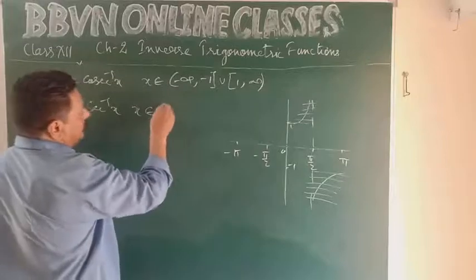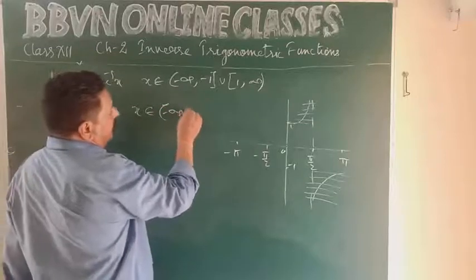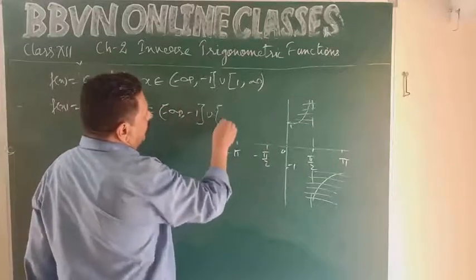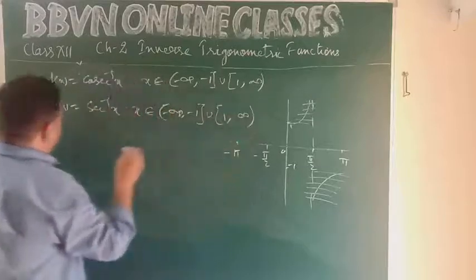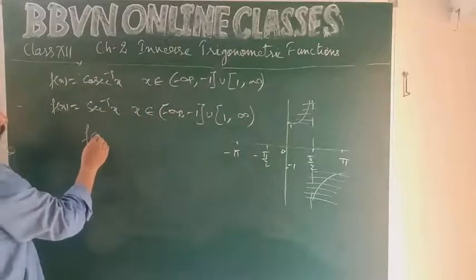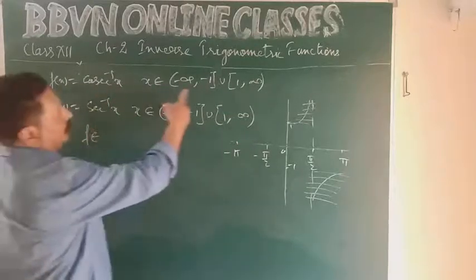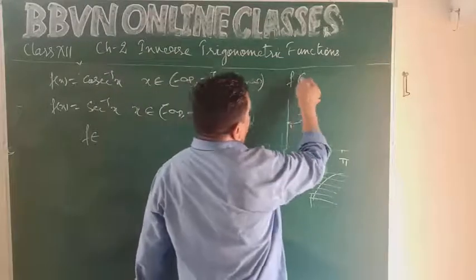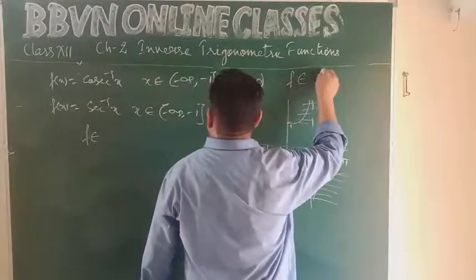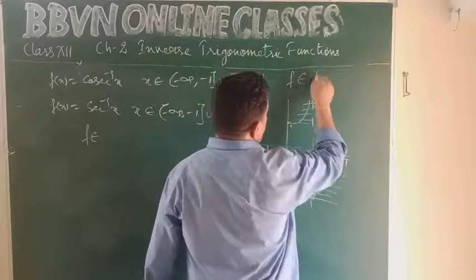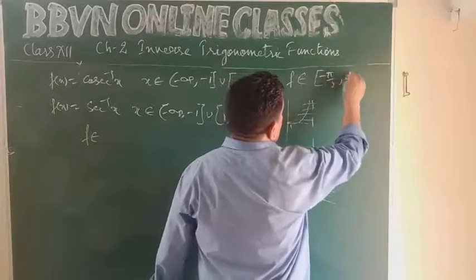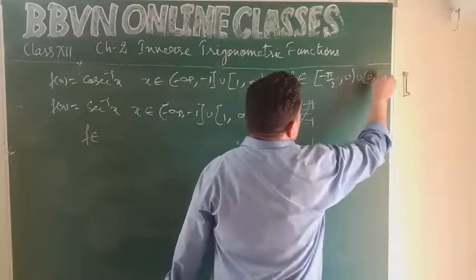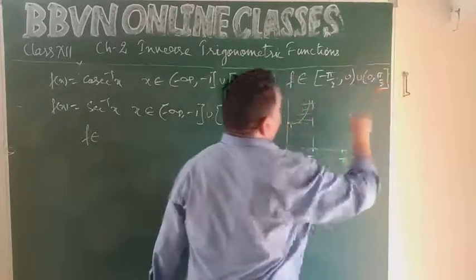So f of x equal to sec inverse x. X belongs to minus infinity to minus 1 union 1 to infinity, and f belongs to, as I mentioned earlier for cosec inverse, minus pi by 2 to 0 union 0 to pi by 2.